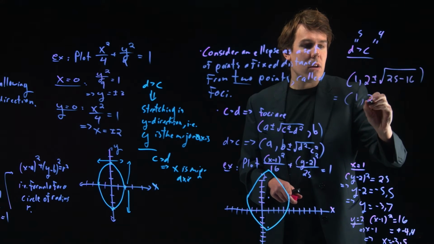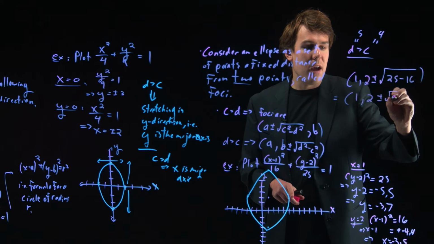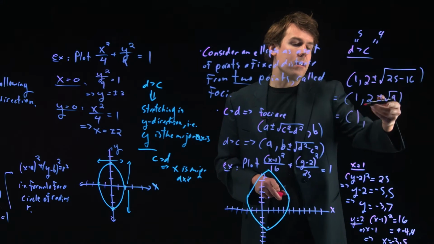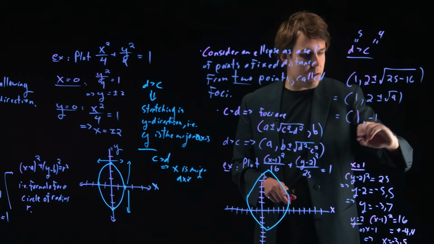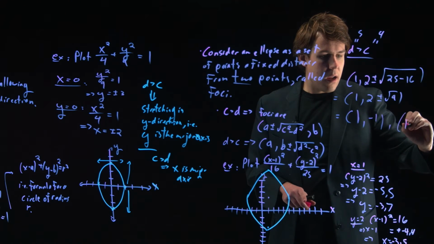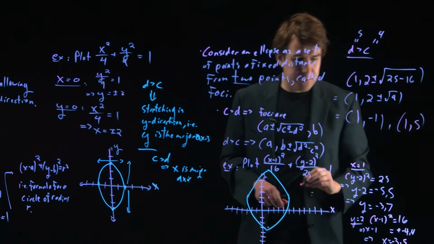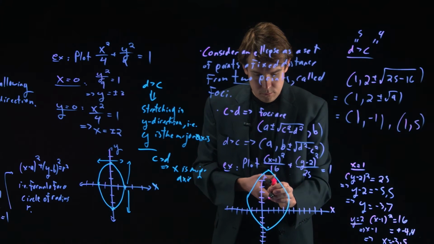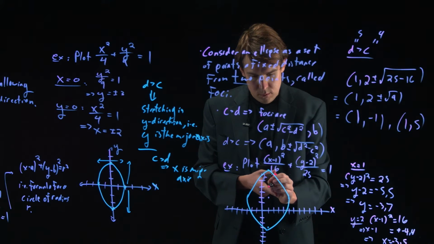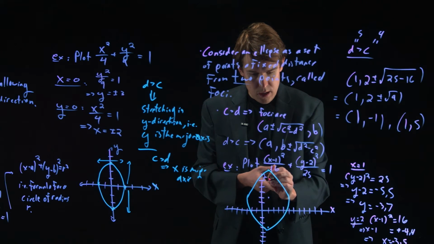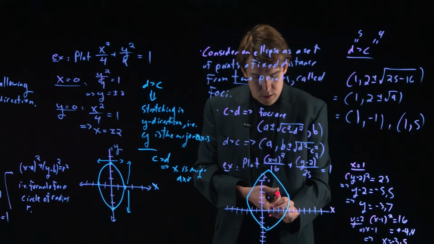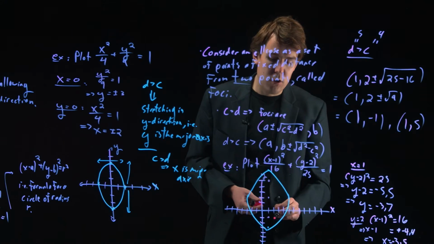So 1, 2 plus and minus square root of 9. So 1, negative 1, the negative branch, and 1 comma 5. So we're sitting like there, and then also there. So those are my two foci.